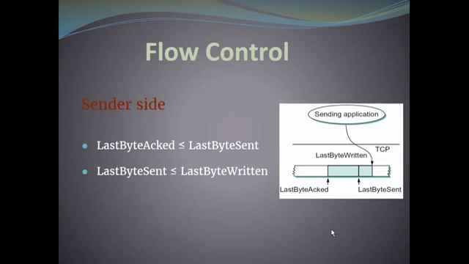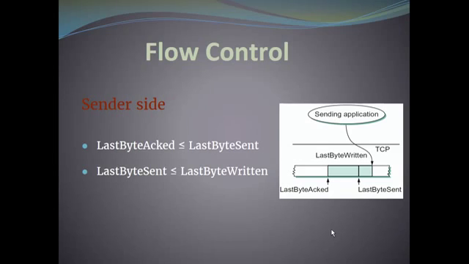Looking first at the sending side, three pointers are maintained into the send buffer, each with obvious meaning: LastByteAcked, LastByteSent, and LastByteWritten. Here we can see some formulas. LastByteAcked is less than or equal to LastByteSent, since the receiver cannot have acknowledged a byte that has not yet been sent.